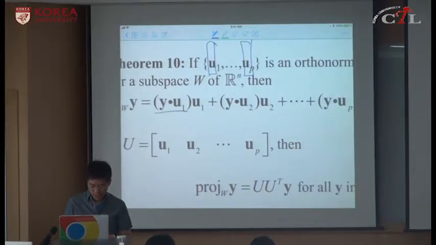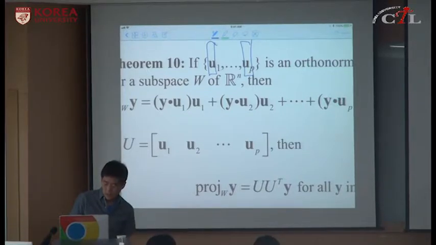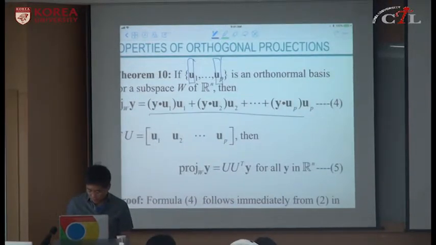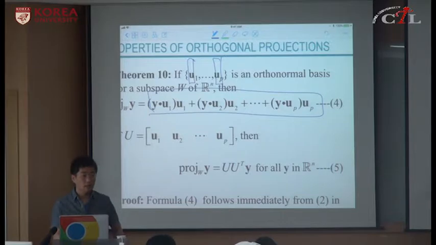Initially we had u1.u1, and then we no longer have it because our u1 is a unit vector. Okay, and from this formula we can do a little interesting trick over here.